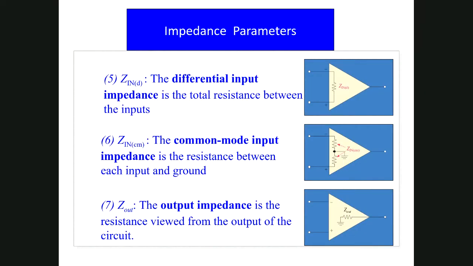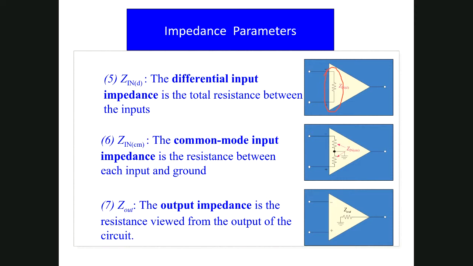Okay. Differential input impedance. What do you mean by differential input impedance? It is the resistance between the inputs. Your device has two ports, input and output. So differential input impedance is the value of input impedance, and common mode input impedance is the resistance between each input and ground. Generally, in the case of op-amps, we apply two signals, right? So the impedance with respect to ground is called common mode input impedance.